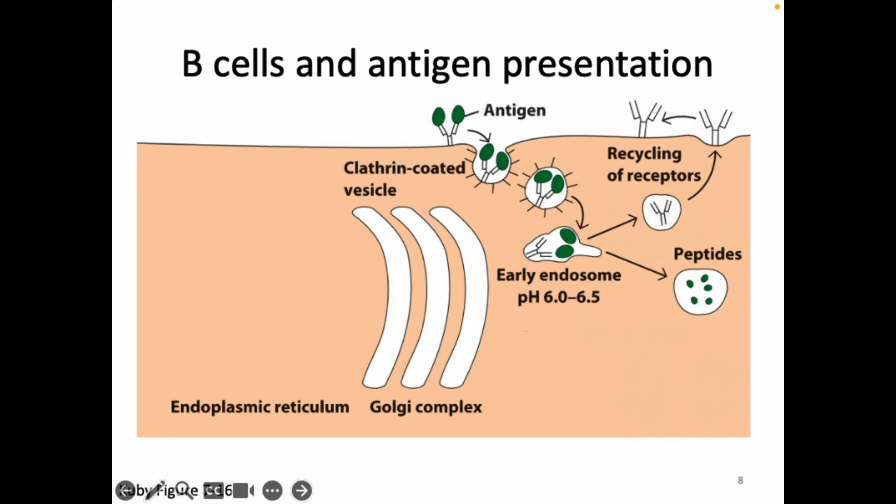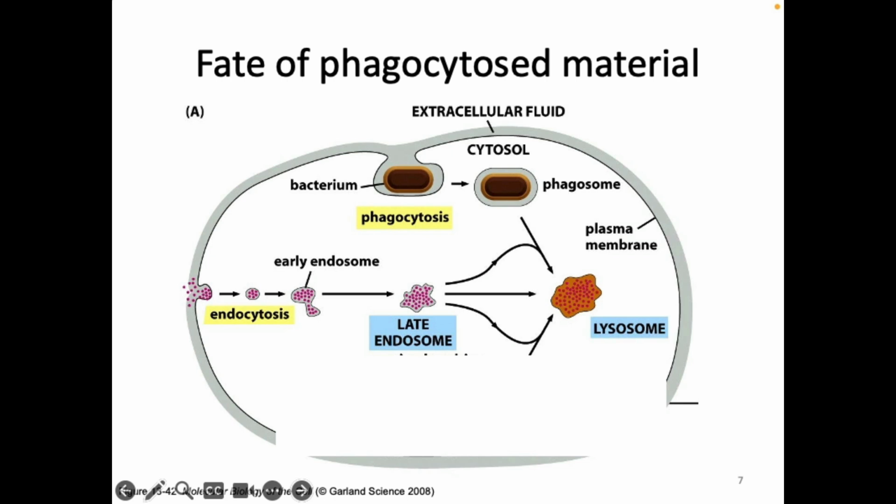In the grand scheme of things, whether we have started with phagocytosis or whether we have started with receptor-mediated endocytosis, we're eventually going to end up with some stuff in a vesicle in the cell. If the vesicle happened because of phagocytosis, we usually call it a phagosome.